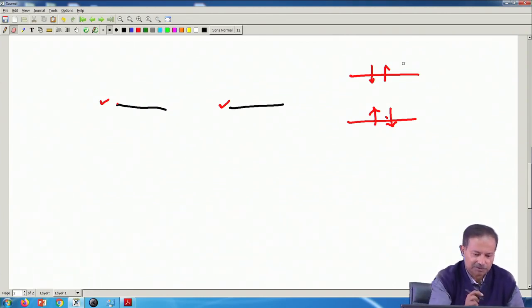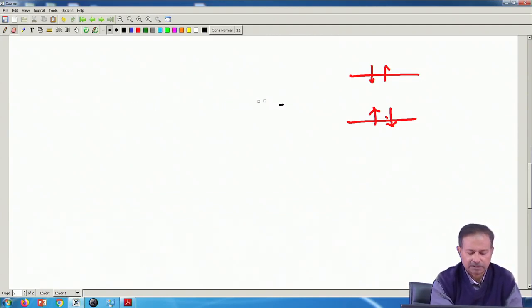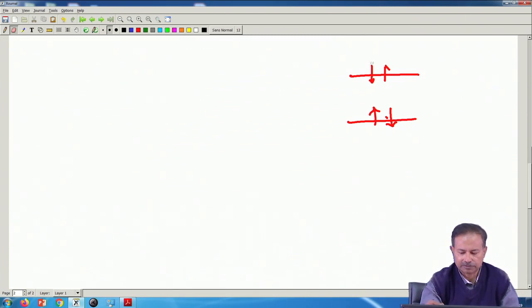Okay, so, this digression basically tells us that the formation of a molecule can be thought of as a formation of 2 orbitals.